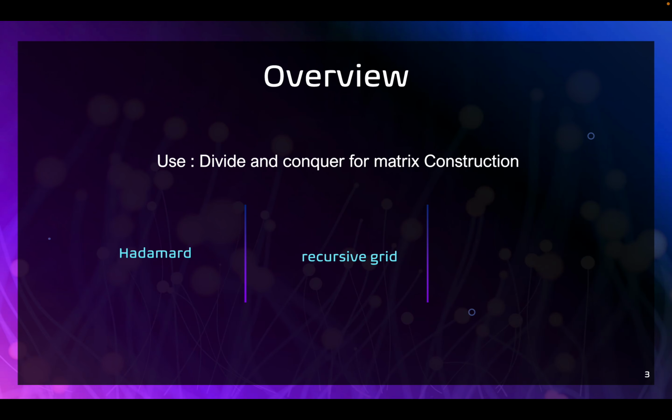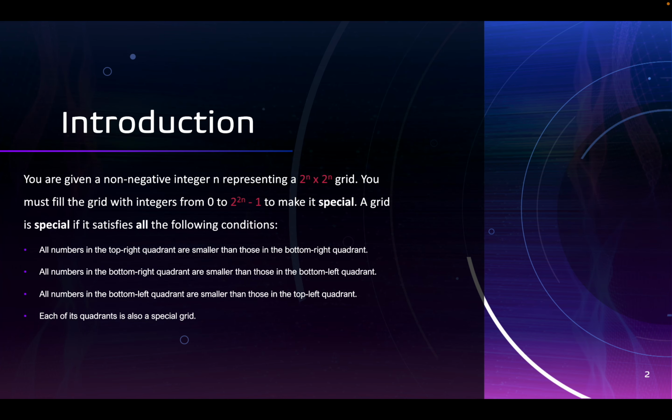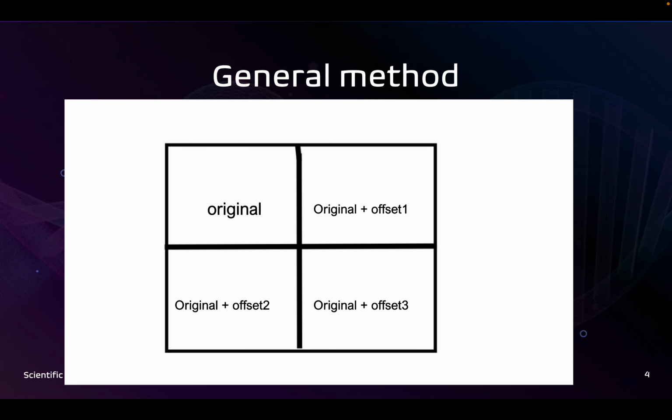So when you see something like this, where you have a grid, a matrix, and you want to fill it, and there is a special rule, then you must quickly find how to use this technique to solve your question.